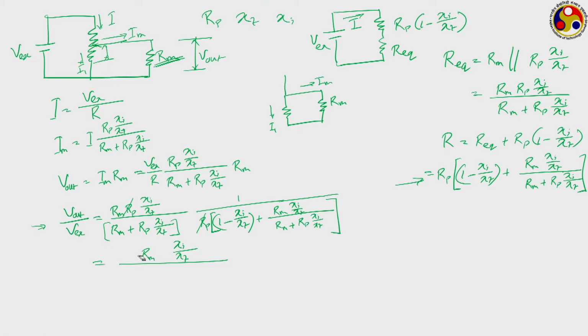So, we have only Rm left in the numerator into Xi upon Xt, and in the denominator now we have Rm plus Rp into Xi upon Xt into 1 minus Xi upon Xt plus Rm into Xi upon Xt.